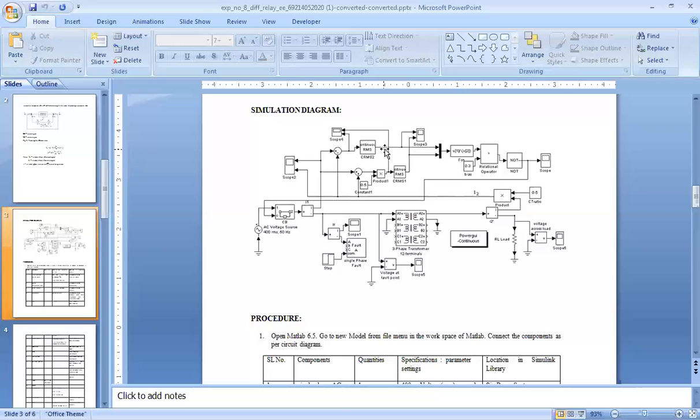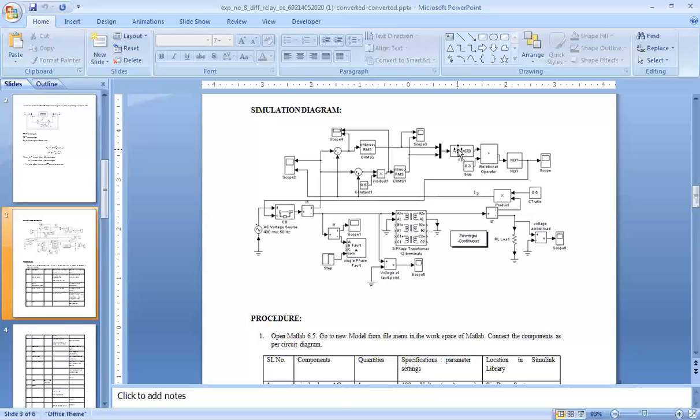Okay, so logically we have got these two, and we have to take this type of block, which is known as the user defined function, where we divide this signal with this signal, U1 divided by U2.